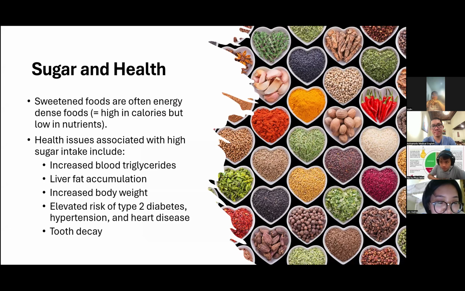When you consume high sugar, it can lead to increased blood triglycerides, liver fat accumulation, increased body weight, and elevate the risk of type 2 diabetes, hypertension, and heart disease.